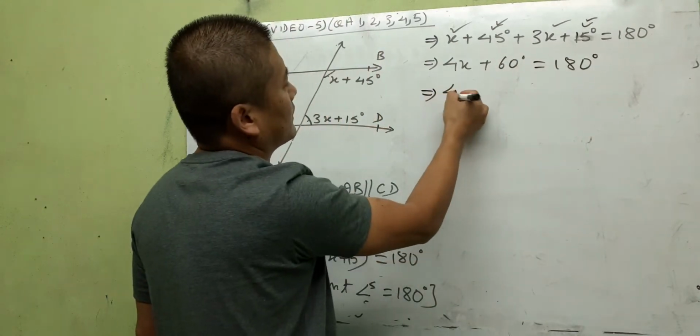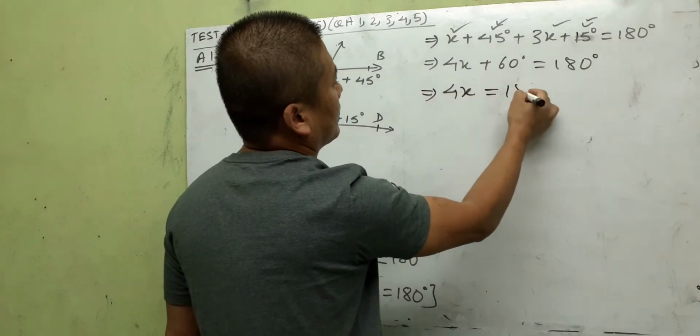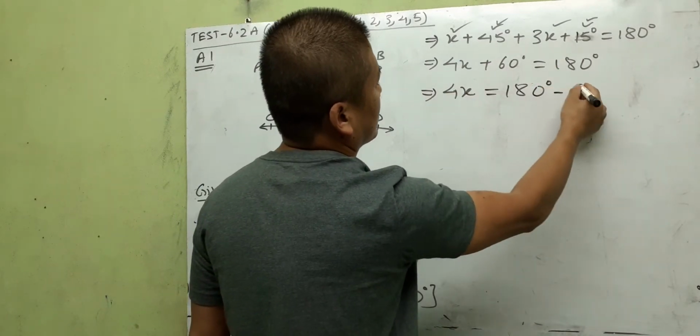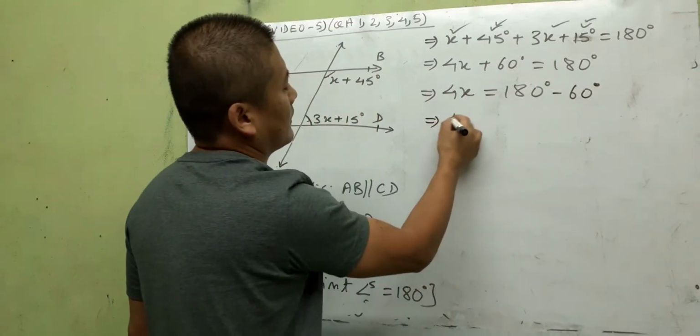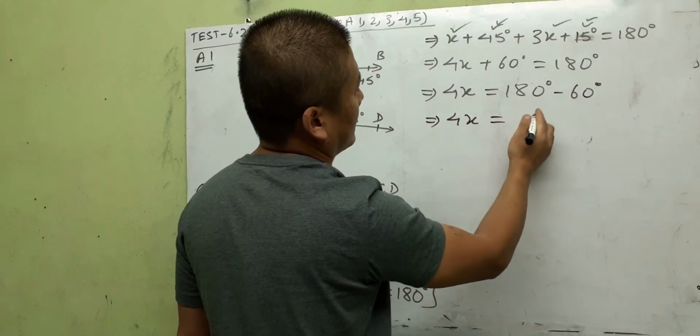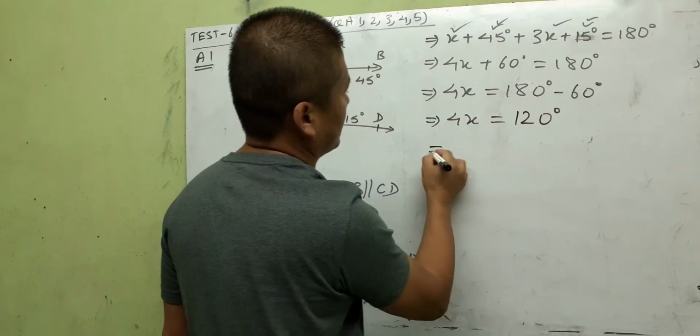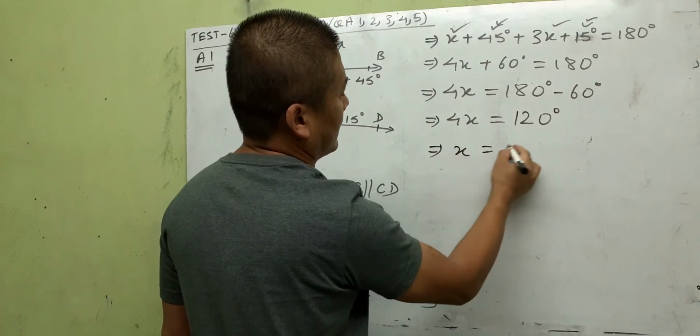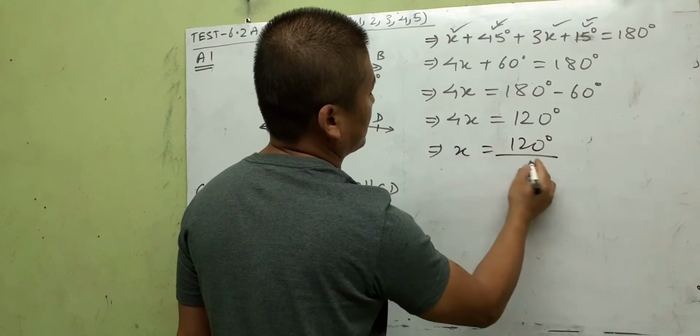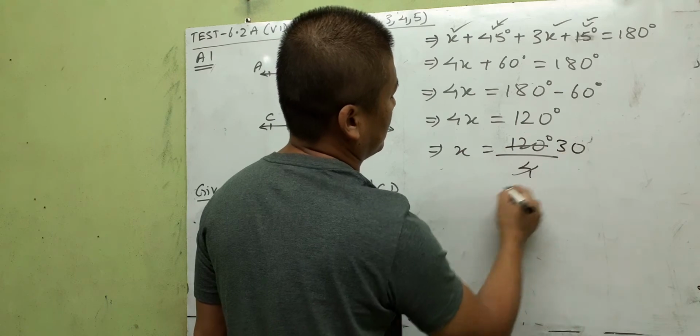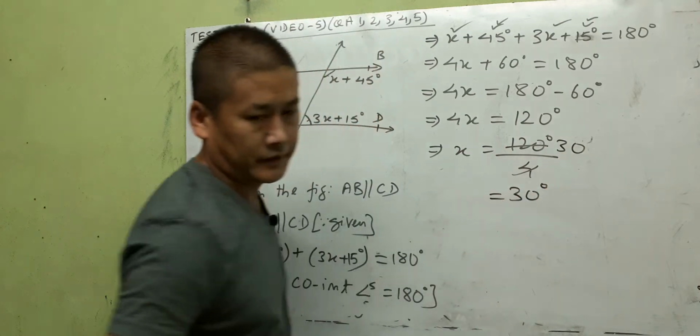So if we put the term containing x on one side, and 180 on the other side, this plus 60 becomes minus 60 degree. So 4x will be equal to 120 degree when you subtract these two. So x will be 120 degree divided by 4. 4 3s are 12, 0. So x value is 30 degree.